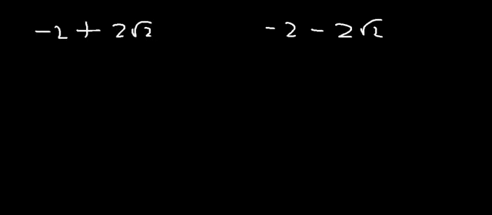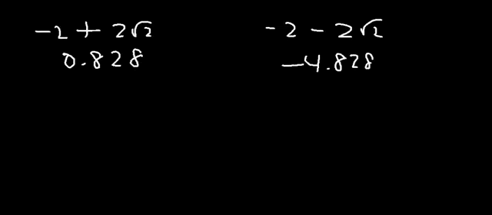At this point I'm going to use the calculator and see what the decimal values are. For this, I got about 0.828, and for the other one, negative 4.828.